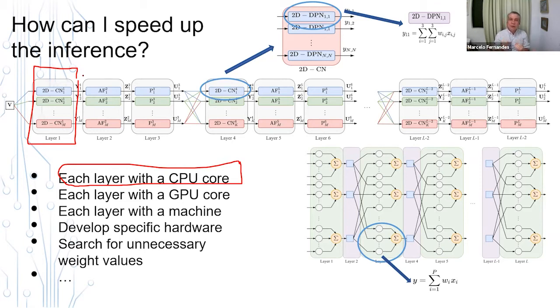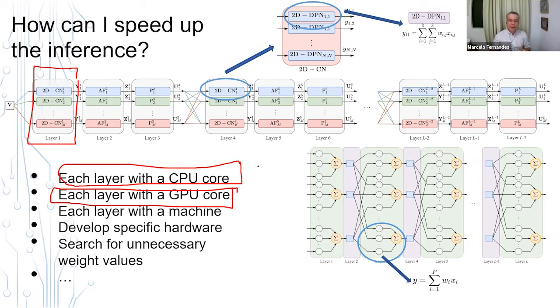It's important because every approach that I'm going to show you is associated with the architecture of the machine learning or deep learning, or it's associated with the algorithm, the training algorithm, the values of the weights. But for example, I can put each layer with a GPU core.